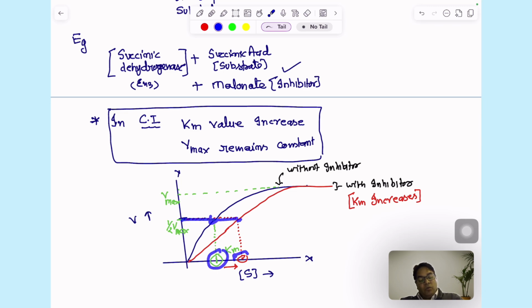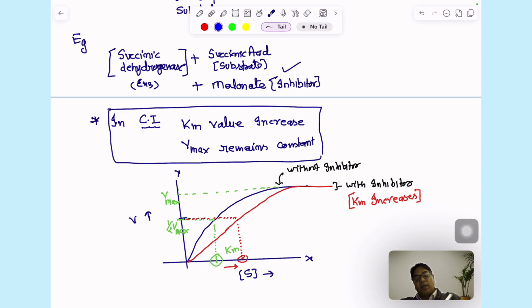So the Km value increases. So Vmax and half Vmax, they both remain the same. But this Km is increased from this side to this side. Alright, so this is the case with the graph with competitive inhibitor.